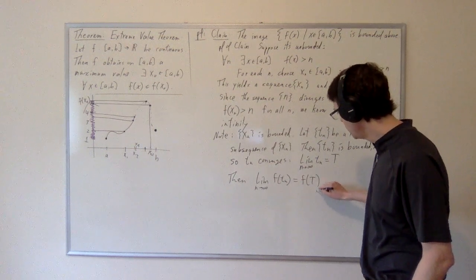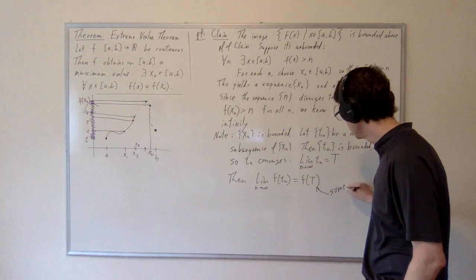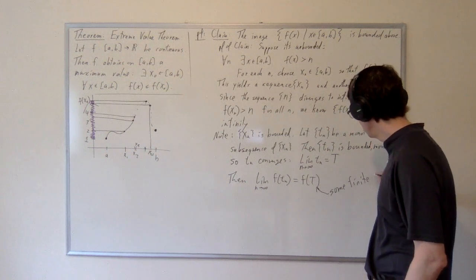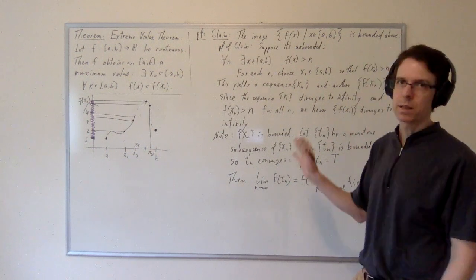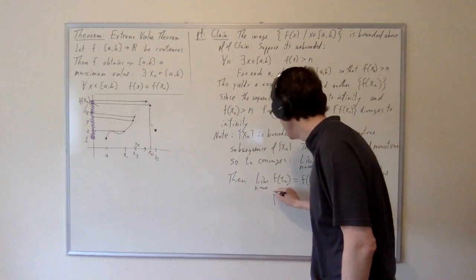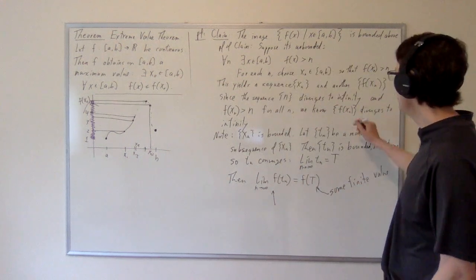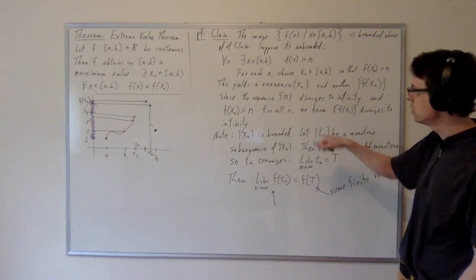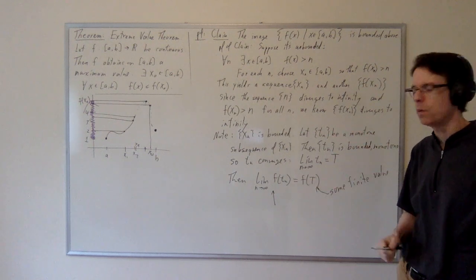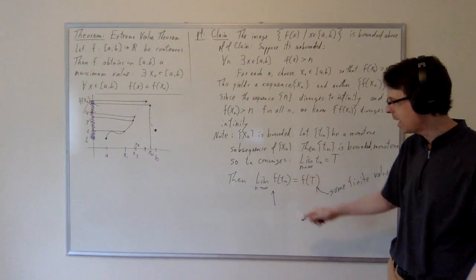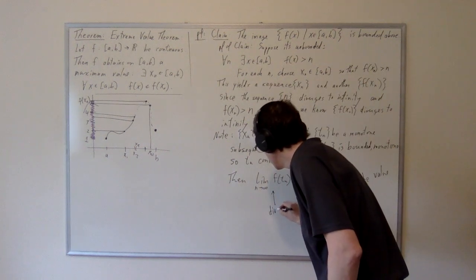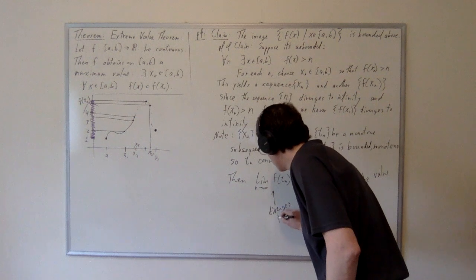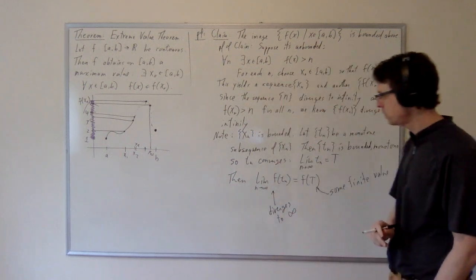So this is some finite value. I don't know what it is. I have no idea. But this, what is that? We already know that the sequence of f of xn's diverges to infinity, and this is just a subsequence of it. So this thing has to diverge to infinity.